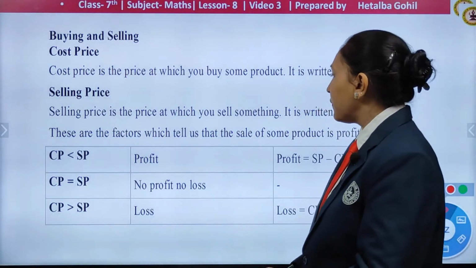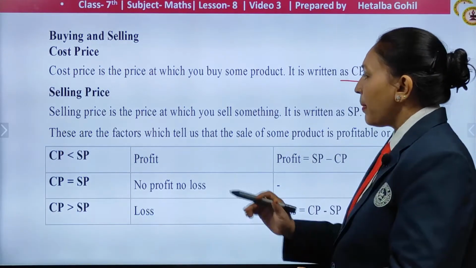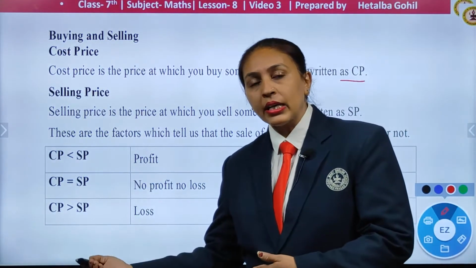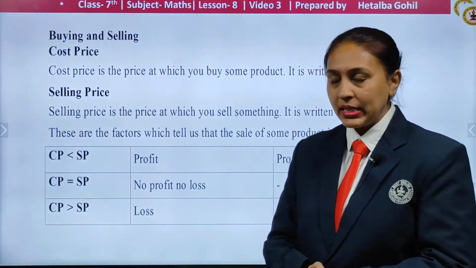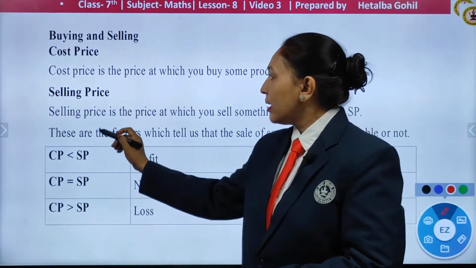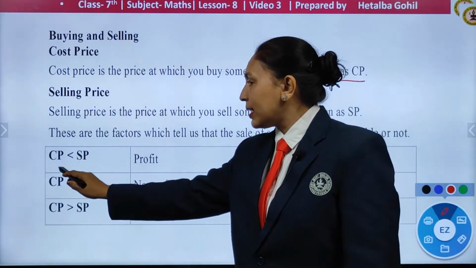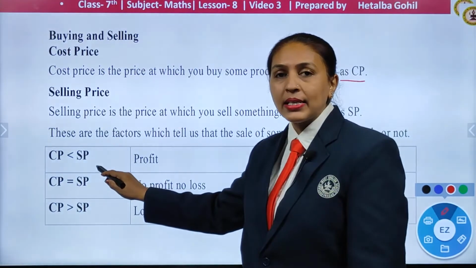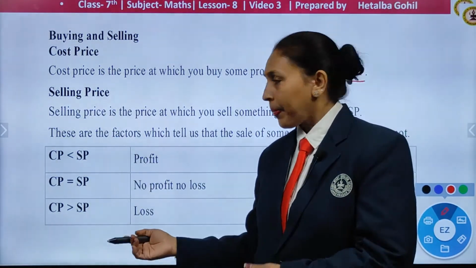These are the factors which tell us whether the sale of some product is profitable or not. So we will come to know whether we got an increase or a decrease on the basis of cost price and selling price. Now let us learn these three. When cost price is smaller and selling price is greater, we get profit, that means we get an increase.